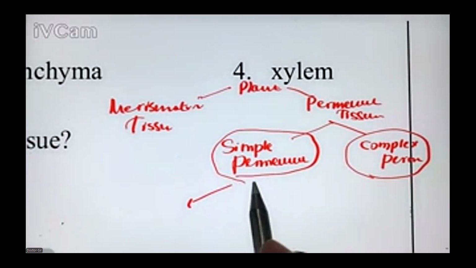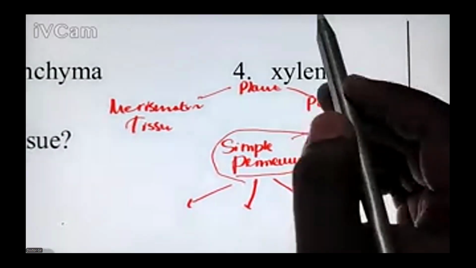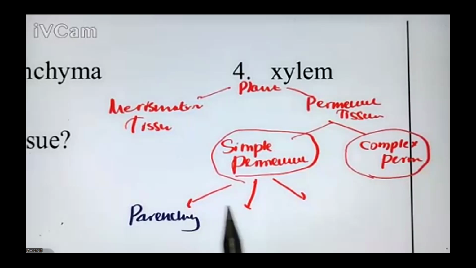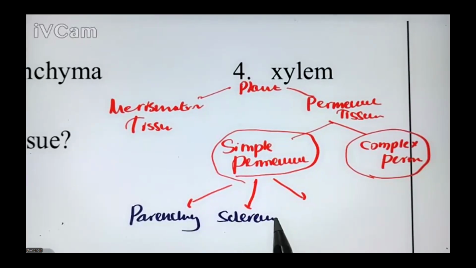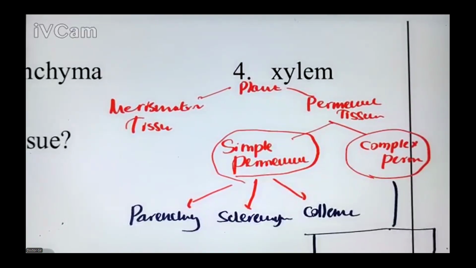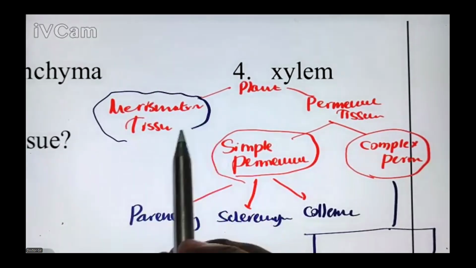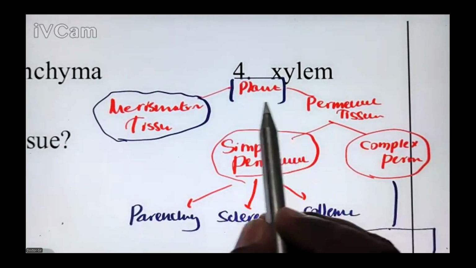Simple permanent means it has only one type of cells. What are they? Yes, you know, parenchyma, sclerenchyma, then collenchyma. Then complex permanent tissue, we have two types: one is phloem and the other is xylem. The meristematic tissues we also divide according to their location.